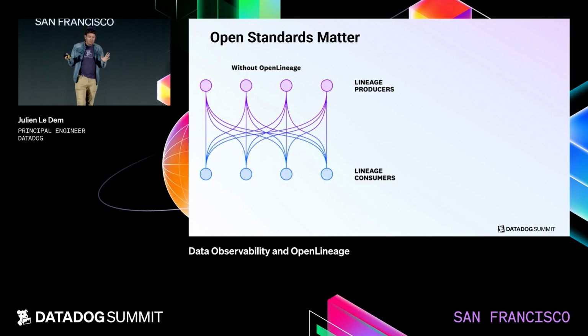Sometimes it's not even a public API, so there's lots of reverse engineering, looking into the internals of the systems to extract the information and see what's happening. So that creates a lot of complexity and a lot of brittleness, because it's all relying on internals. Whenever something changes, it can break the integration.